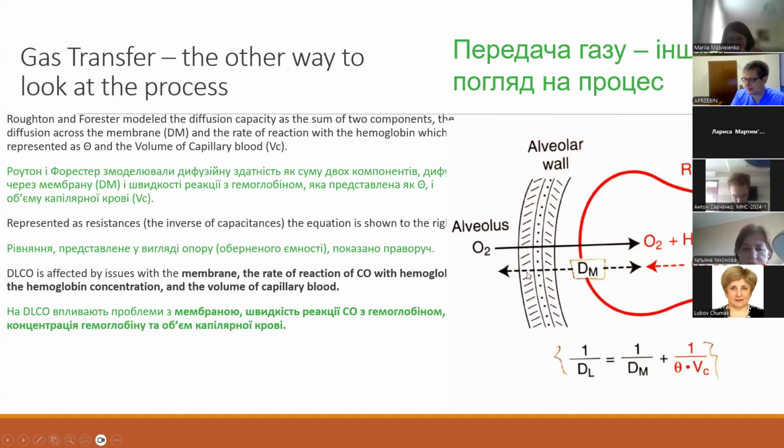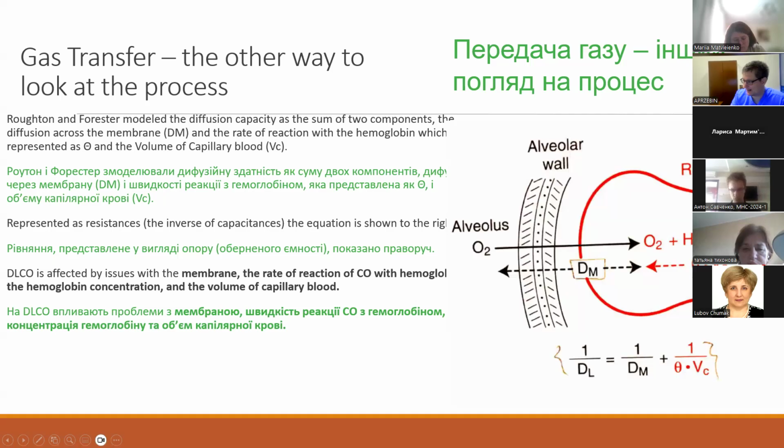There is a resistance associated with the membrane, and a resistance associated with the rate reaction of the gas carbon monoxide with hemoglobin. And also, there's this capillary blood amount, this volume. So we can imagine that if the membrane is thicker, it will be harder for gas to be absorbed.